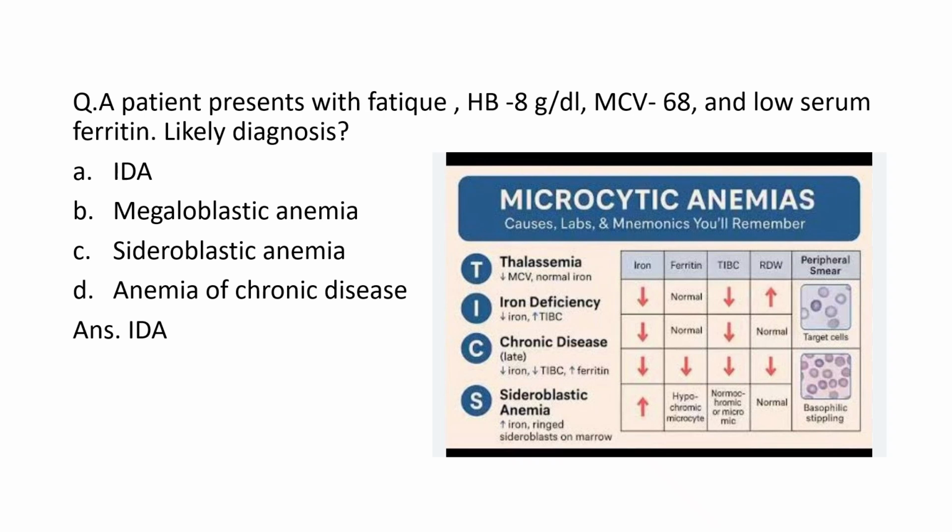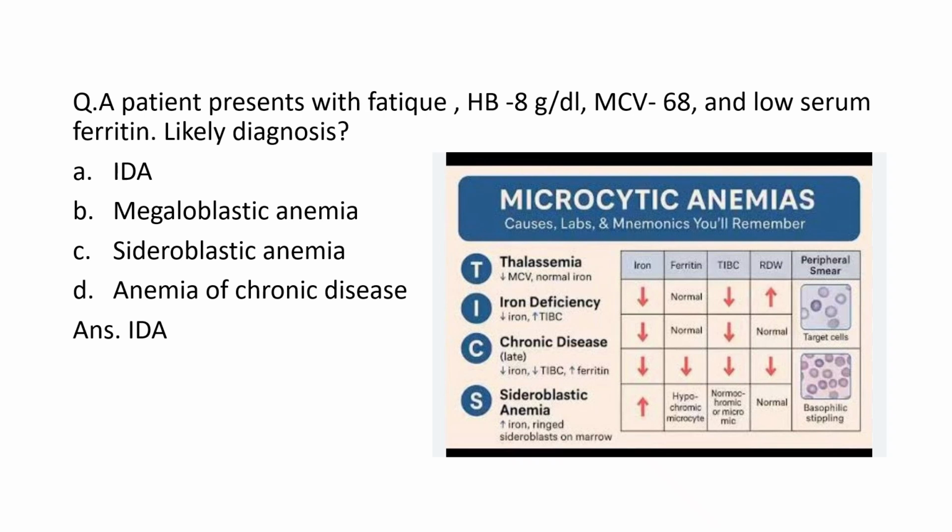As we know the causes of microcytic hypochromic anemia, we have one mnemonic, that is SITA. S for sideroblastic anemia, I for iron deficiency anemia, T for thalassemia, and A for anemia of chronic disease. Anemia of chronic disease presents more as normocytic normochromic anemia rather than like iron deficiency.